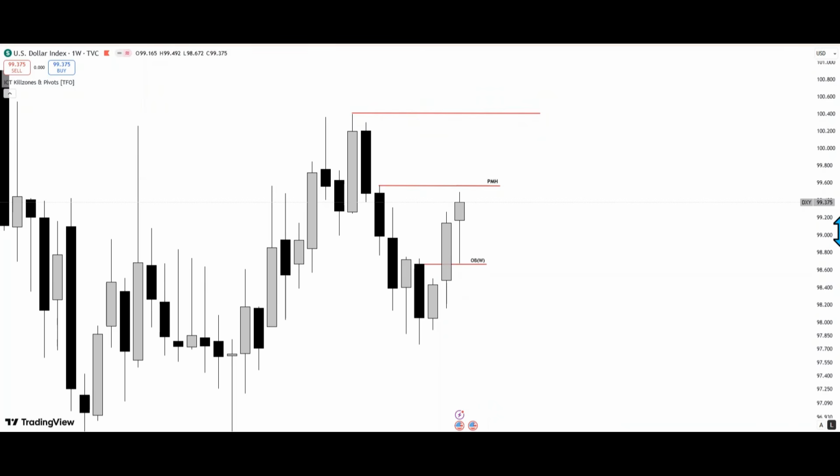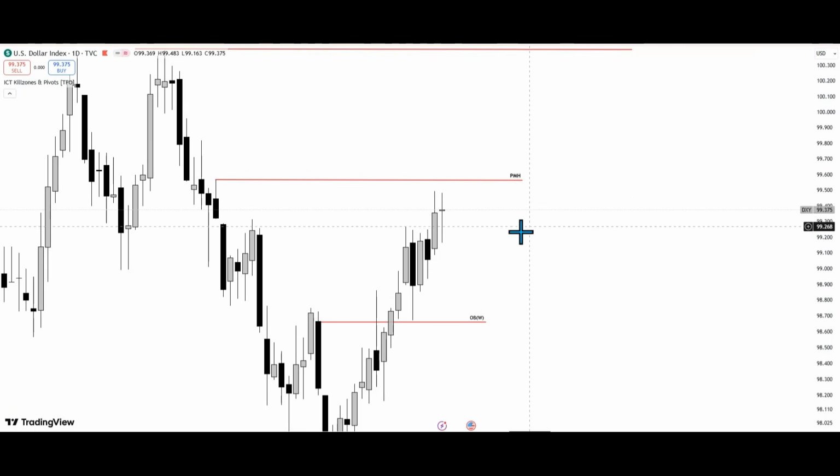So we're going to start with DXY. Last week we wanted to see a bullish week, and that is exactly what we got. We marked this order block, which price tagged. As of now, this is the previous month high, which is actually our target for this month.